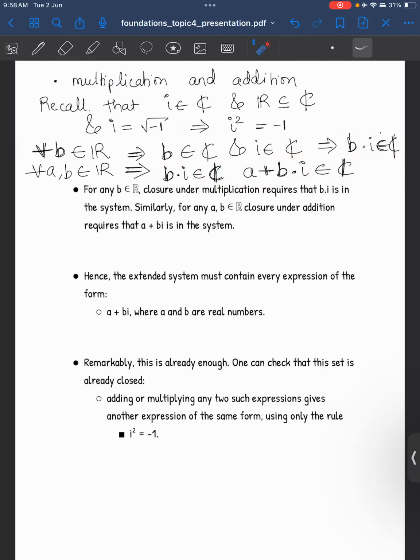What is surprising now is that just looking at these combinations, elements of the form a + bi, and restricting our extended number system to just these kinds of elements is sufficient.